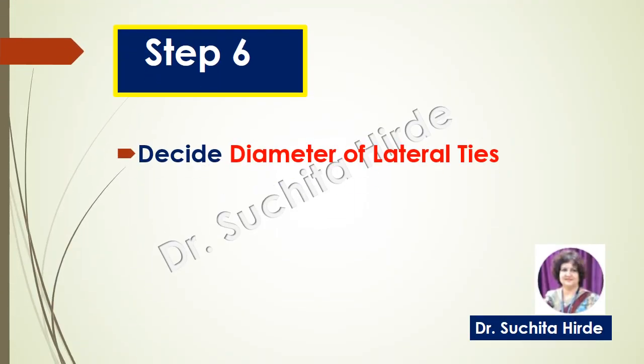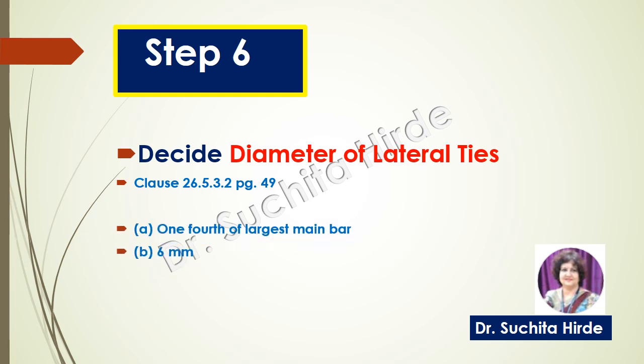Next step is to decide diameter of lateral ties. This clause is given on page number 49, clause 26.5.3.2. In this clause, it is given that diameter of lateral ties is 1/4 of largest main bar or 6 millimeter, whichever is more.